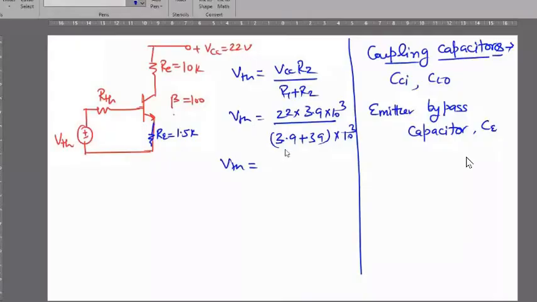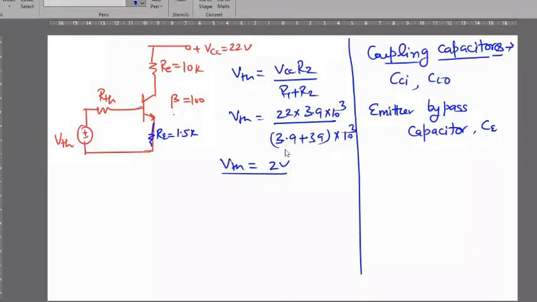It will be, I think, something. You can calculate, 2 volt. Yes, sir, then 2 volt will be the answer. And then you can calculate the value of Thevenin's equivalent resistance.